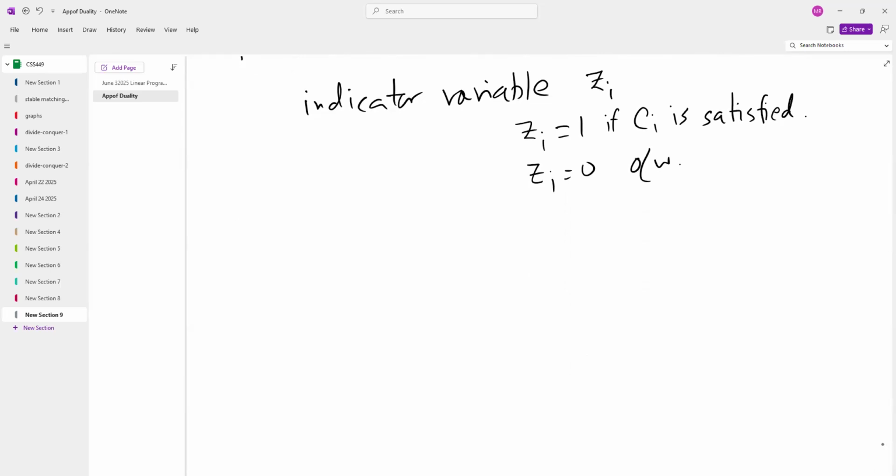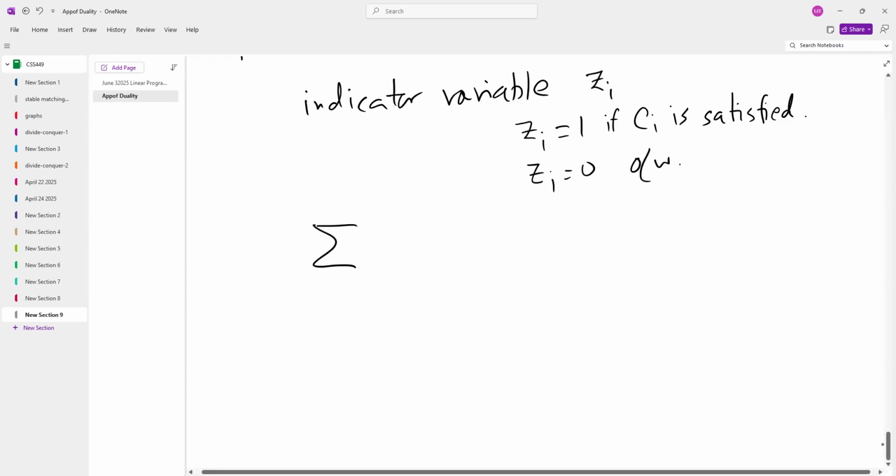And now, what is my objective? My objective is to maximize the total number of clauses satisfied on average. Because every time I do this, I get a combination of variables that are 1. So if I take Zi, what is the probability that Zi equals 1? 7 by 8, right?